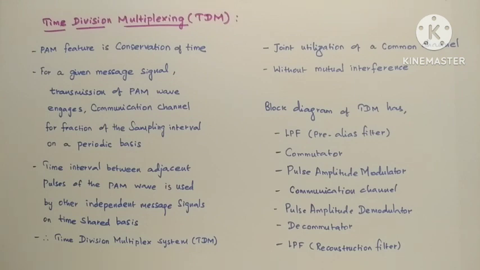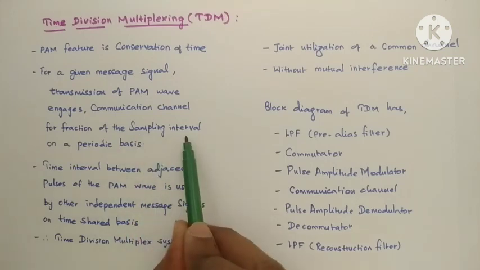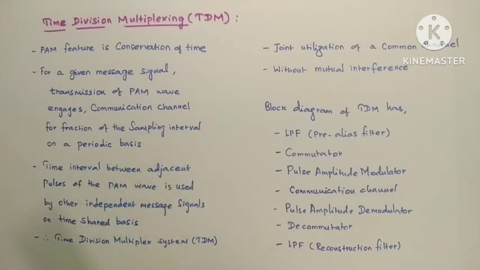That is, for a given message signal, that message signal will be converted into a PAM waveform. That PAM waveform will have pulses with amplitudes varying according to the message signal. Those pulses are transmitted in the communication channel only for a fraction of the sampling interval on a periodic basis.